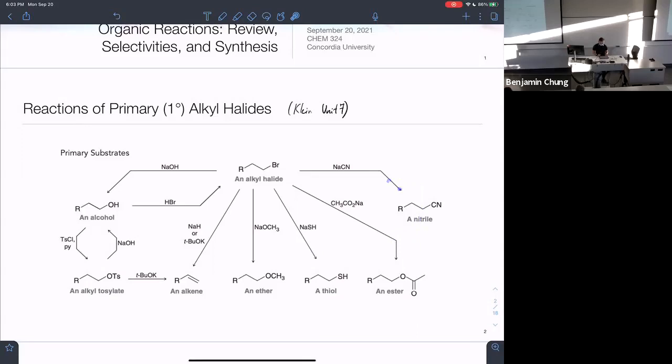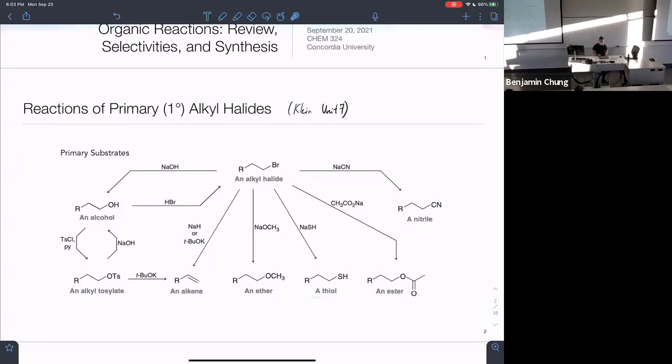This one, yeah. How about this one? Are these nucleophilic substitution? So this one is nucleophilic substitution, yes. How about this one? Yes, this is also nucleophilic substitution.